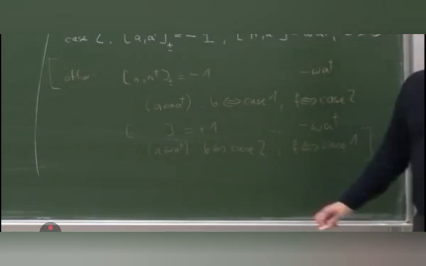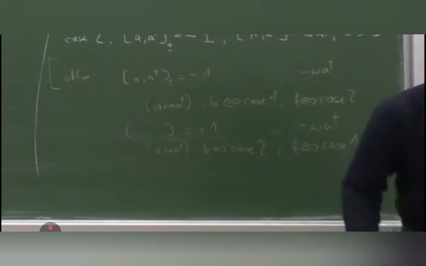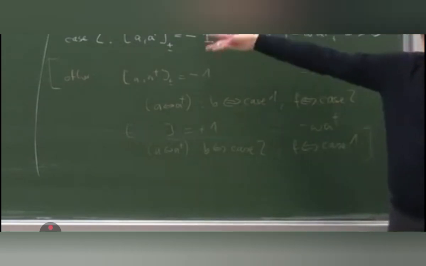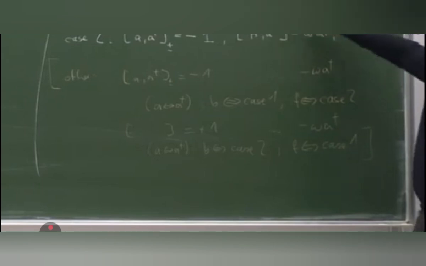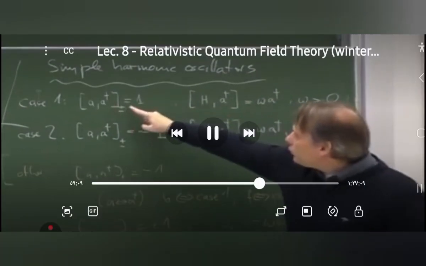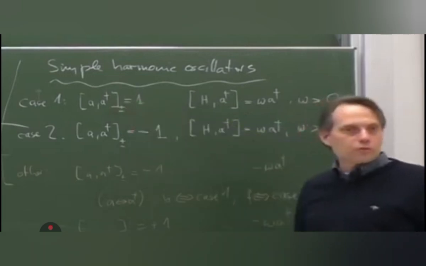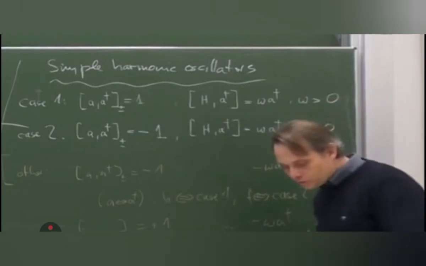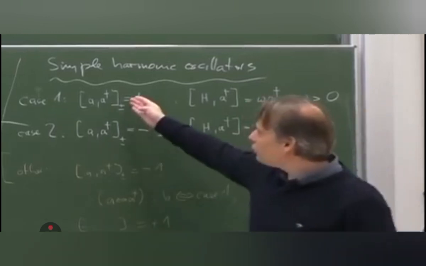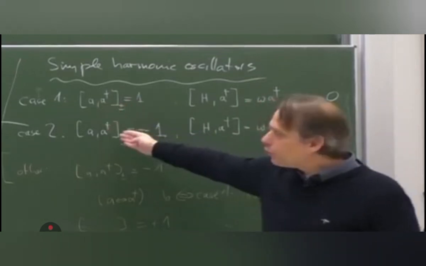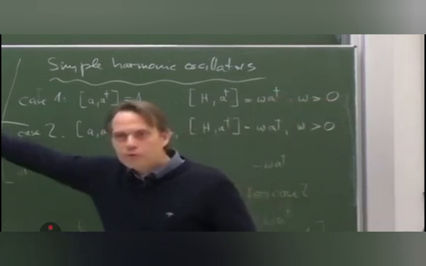So simply, that means we only need to consider those two cases, where we always say that A dagger is the state that creates energy, but A with A dagger, they either commute to plus 1 or to minus 1. That is the only thing we need to consider. And now let us check whether we can define those operators on a Hilbert space which satisfies both properties.